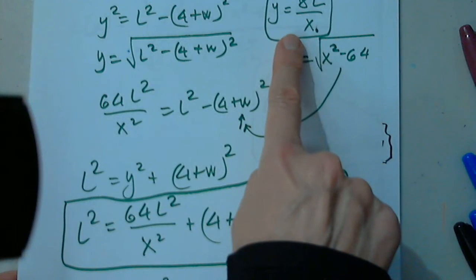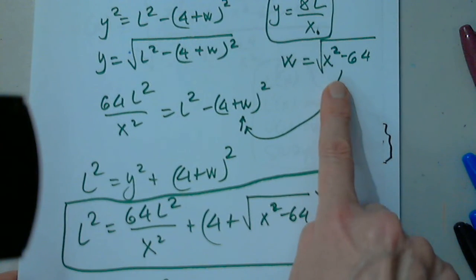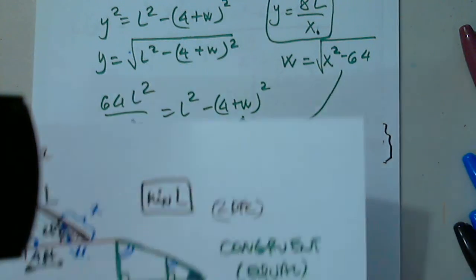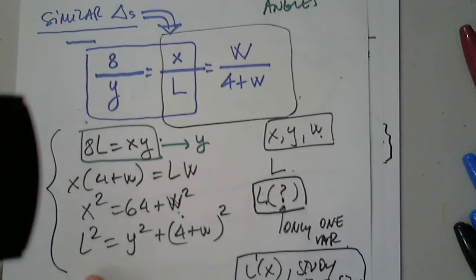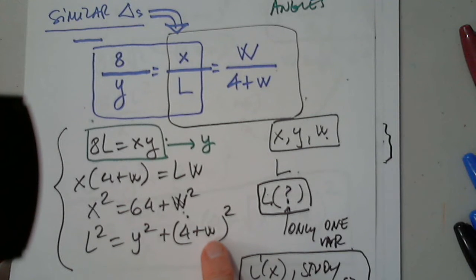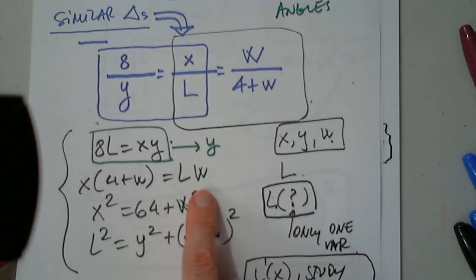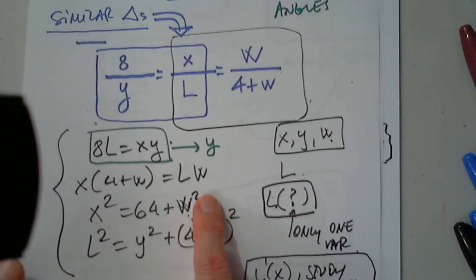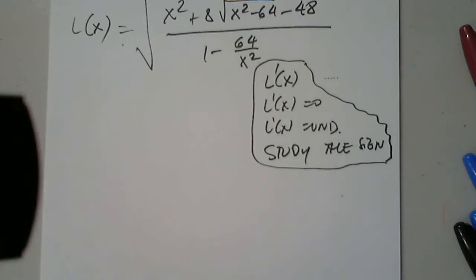I solved the first one for y, and I solved this one for w. And what I did next was I replaced the y in here and the w in here. It may be that this one could be an easier path. I didn't even look at that equation.